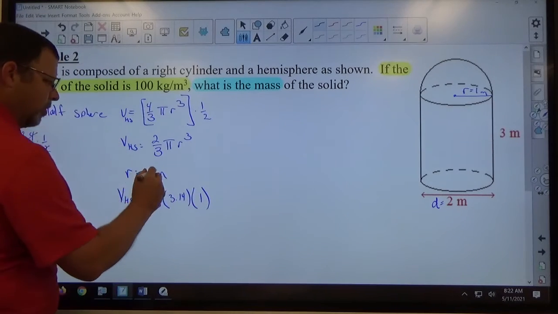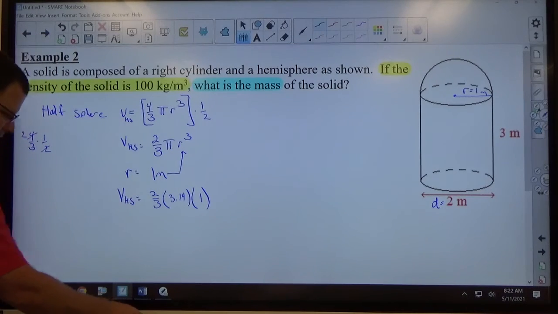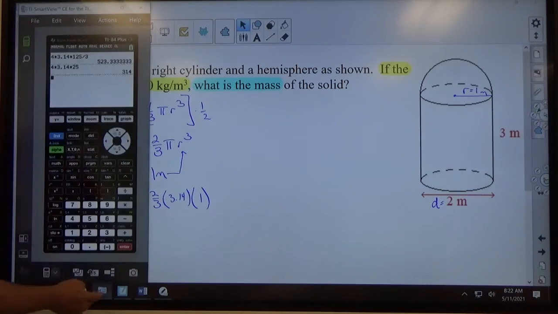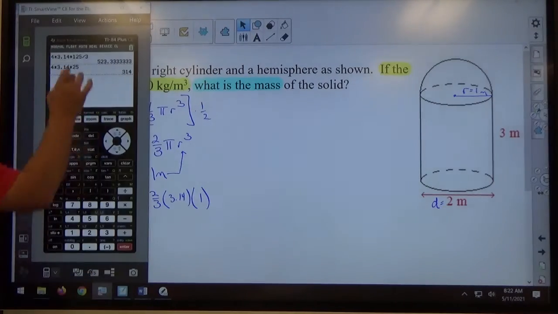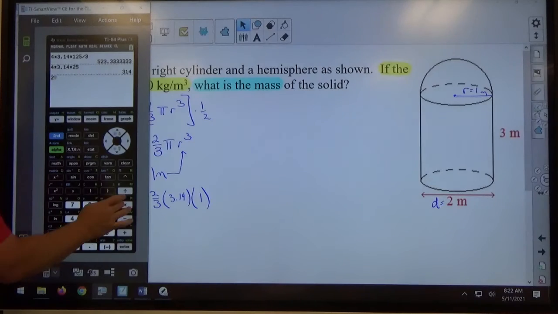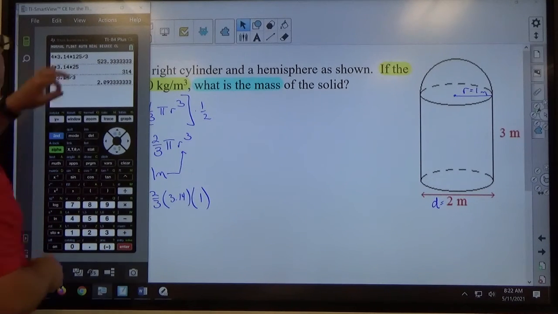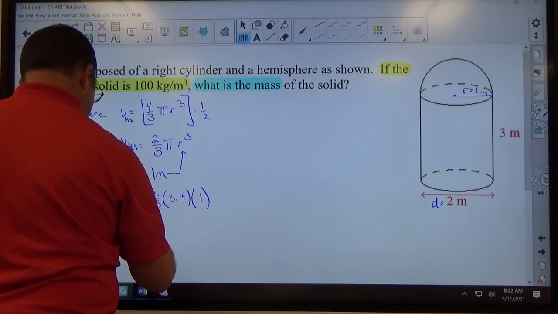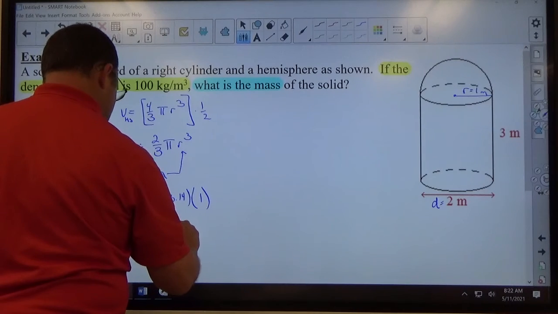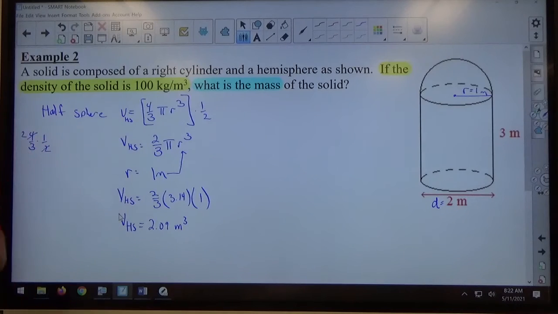To get the answer, I just have to do 2 times 3.14 divided by 3, which comes out to 2.09 cubic meters.